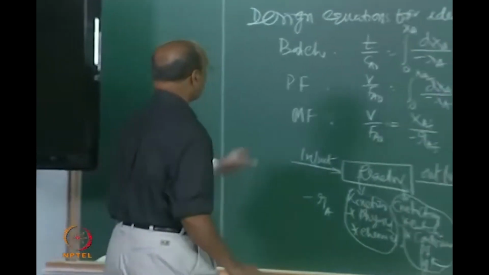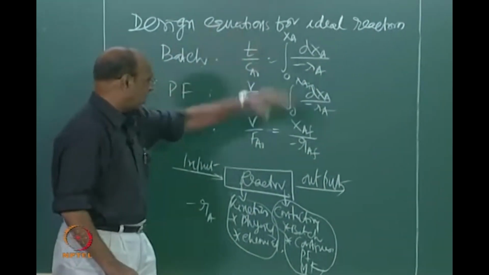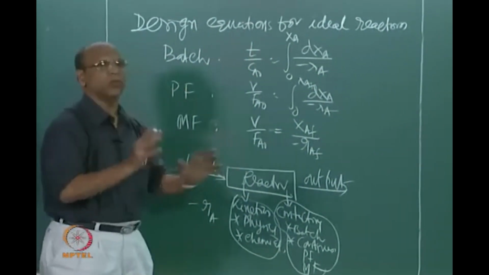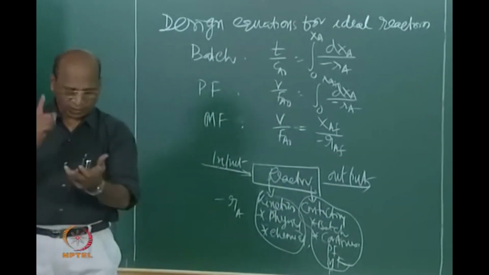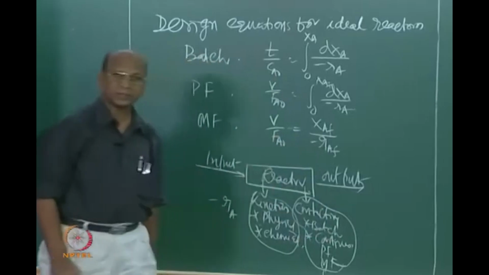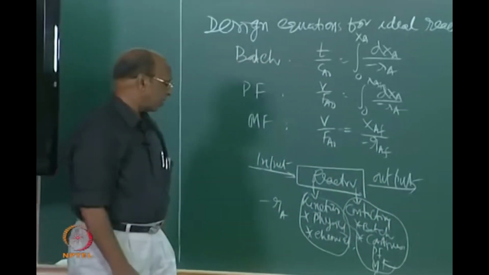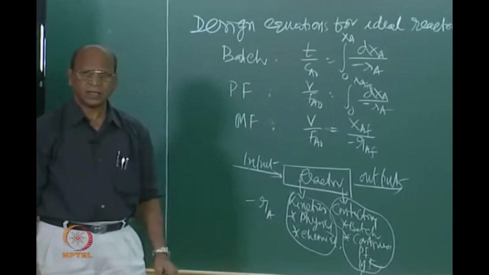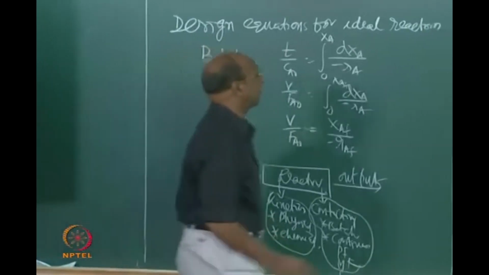So, by deriving these equations, what are the quantities you have now with you? What kind of reactors we have discussed, how to choose we have discussed. So, I have information on this. That is all.